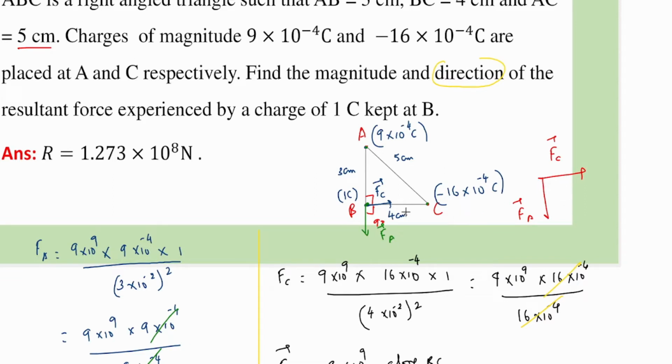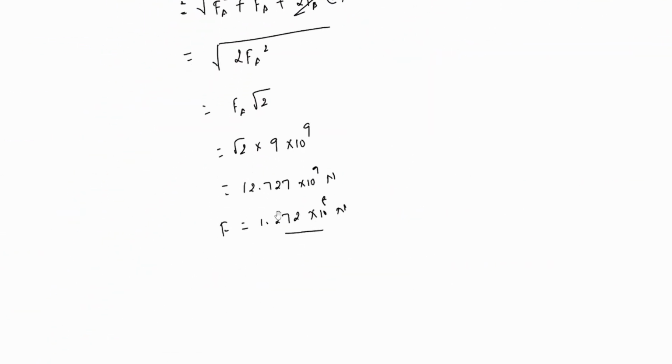Since both are equal in magnitude, the resultant would be exactly bisecting these two forces. So this would be the resultant force. The angle it makes is 45 degrees, or even here it is 45 degrees. So you can say that the resultant force makes an angle of 45 degrees with Fc or Fa. So this is the answer for this numerical.